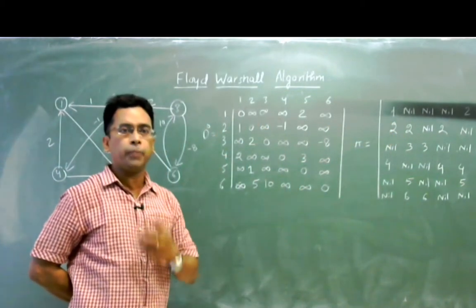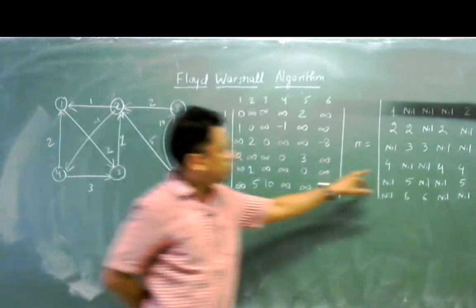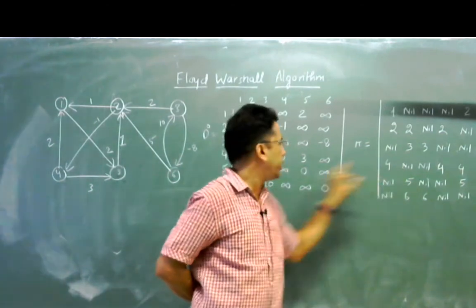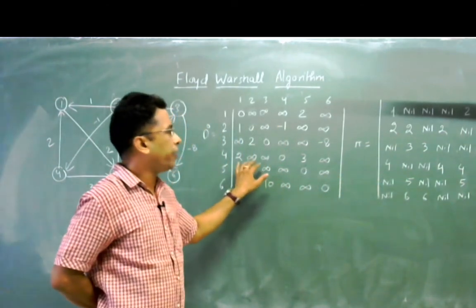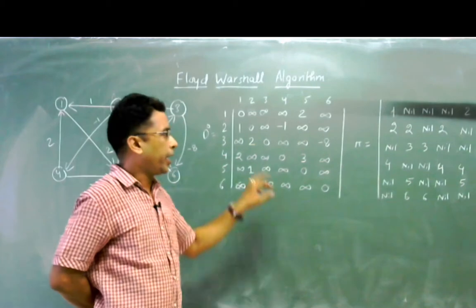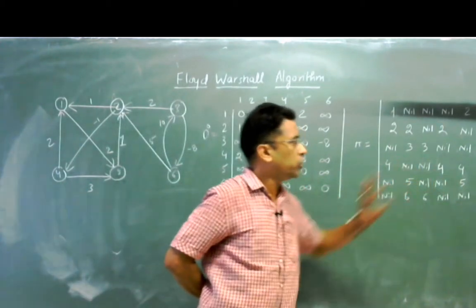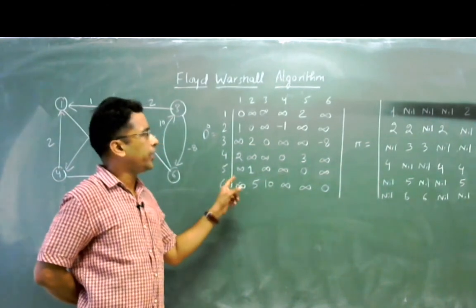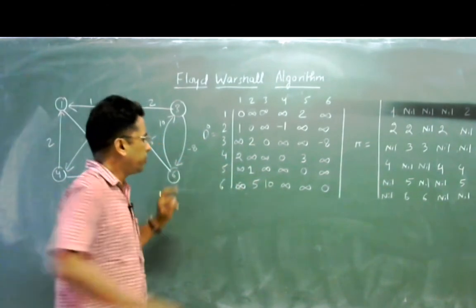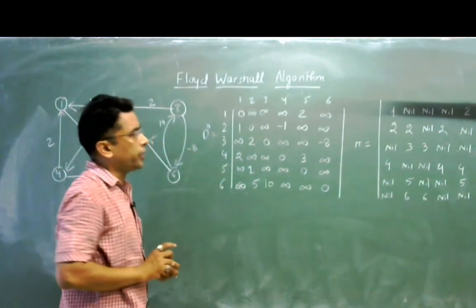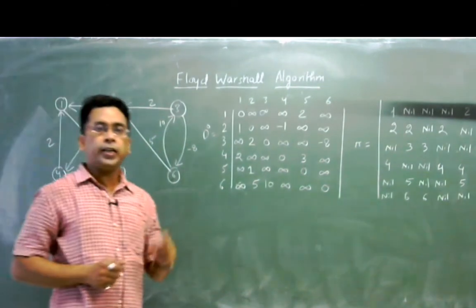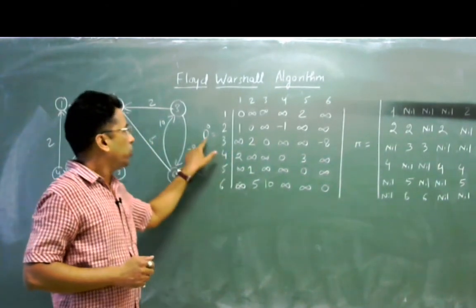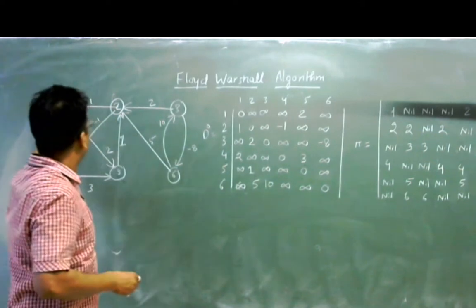This is called the pi matrix. So for the values in the direct matrix that are not infinity, the pi matrix shows by which nodes they were set. This is the pi matrix for this graph. After that, I shall draw the D1 matrix. In the D1 matrix, I shall find out if vertex 1 becomes free.